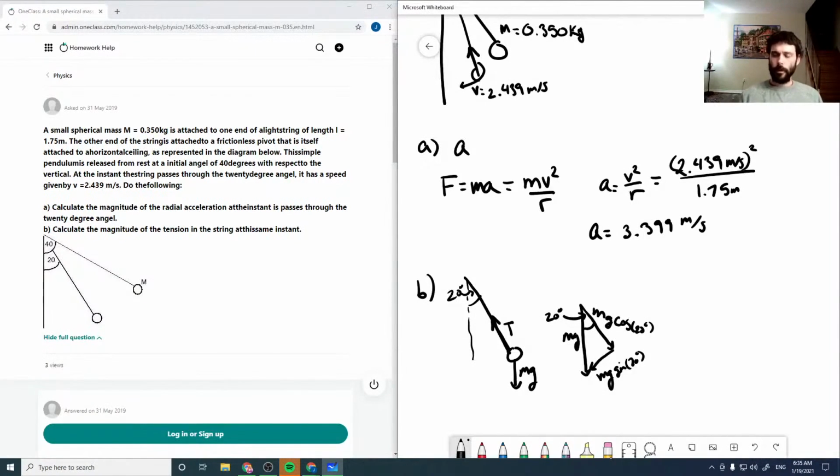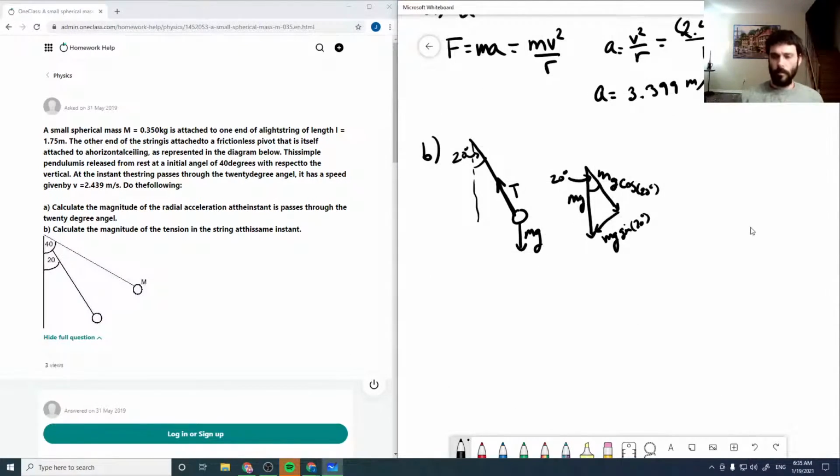Okay, and so then if we look in our radial direction, we have our forces. I'm just looking in the radial direction. Our tension, which acts straight up, minus mg cosine of 20 degrees, equals our ma.